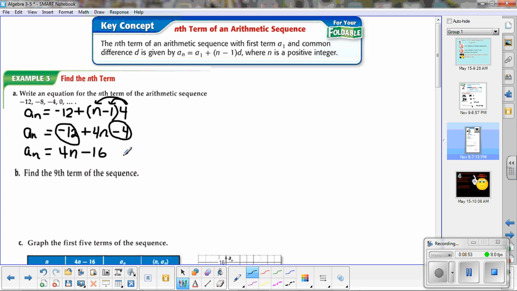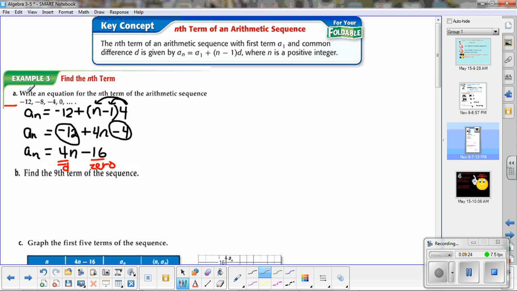I'm going to show you a little hint or shortcut of how to go from the sequence to this right away without going through this whole process. Notice this right here is your common difference. And this number right here is what I like to call the zero term. This is the first term. This is the second term, third term, and fourth term.